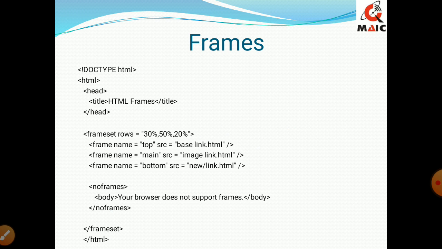And in the last one, the name is bottom and the document that is going to open is in the new folder and the name of the document is link.html. And if by chance the browser doesn't support frames, it will display "your browser does not support frame" in the browser window.